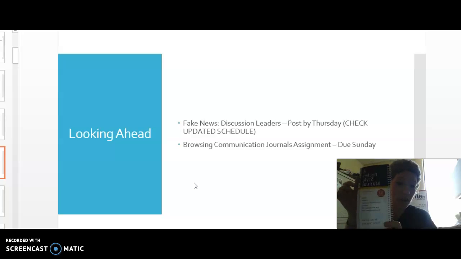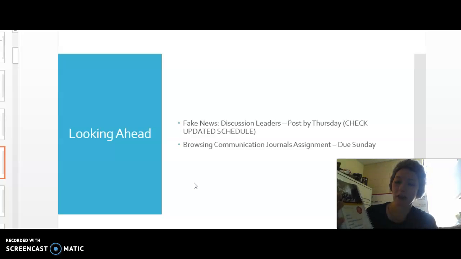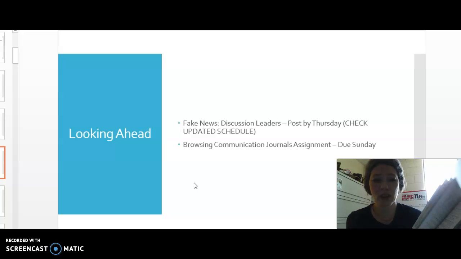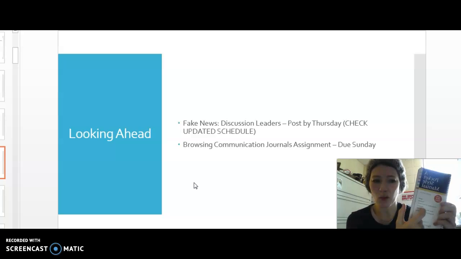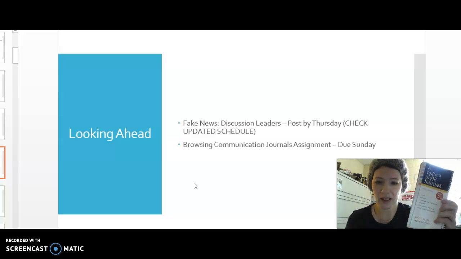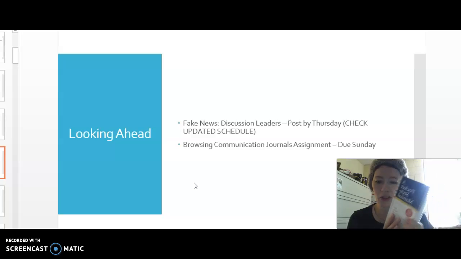I like this one in particular, a Pocket Style Manual by Hacker is the name. This is the 7th edition, you could probably go with the 6th edition even and be fine. This one has APA, MLA, and Chicago in it. I think it's really useful, and personally I find using a hard copy easier than using the online one. So I just put it out there in case you're interested in purchasing that.